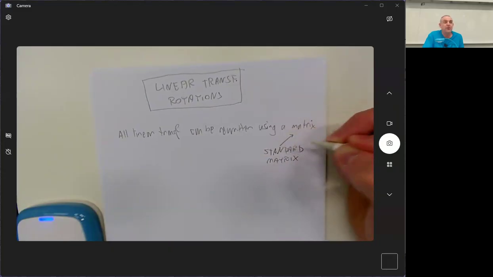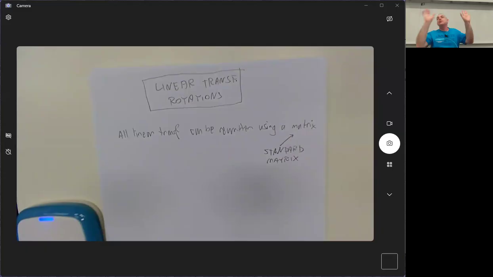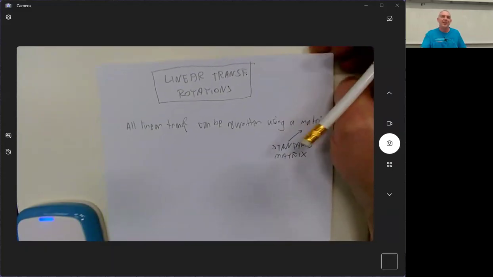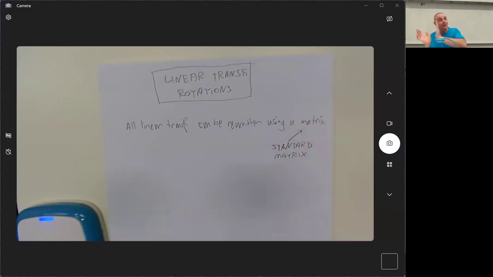I'll tell you a secret, there is in fact only one matrix, so it seems weird to call it the standard matrix when it could just be called the matrix, but if you change the coordinate system, then the matrix will also change, and so that's what they're talking about. So very physics, you know, I'm going to put my axes in this spot instead, but the matrix is going to be different now because the axes are in a different spot. That's why it's called the standard matrix, because it goes with the standard axes. So there you go, in case you're ever wondering why.